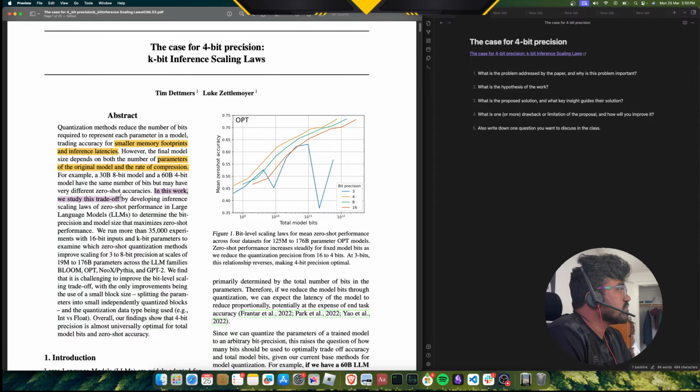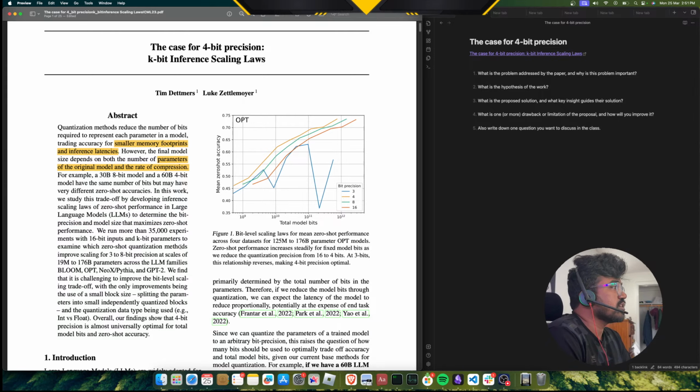In this work, we studied this trade-off by developing inference scaling laws of zero shot performance in large language models, to determine the bit precision and model size that maximizes zero shot performance.